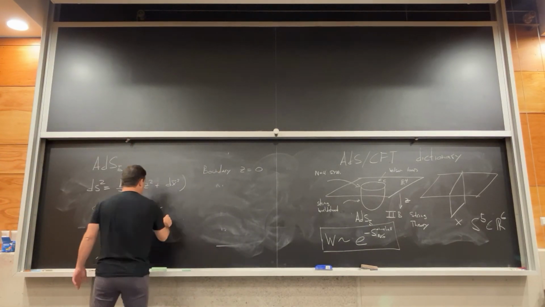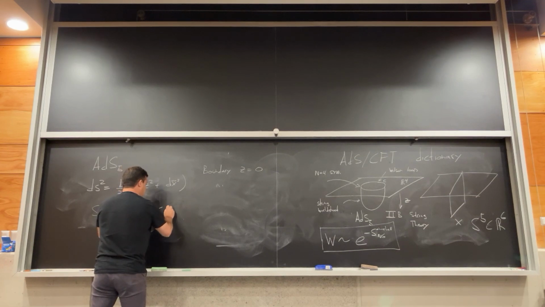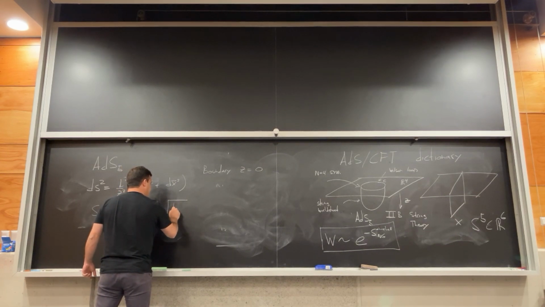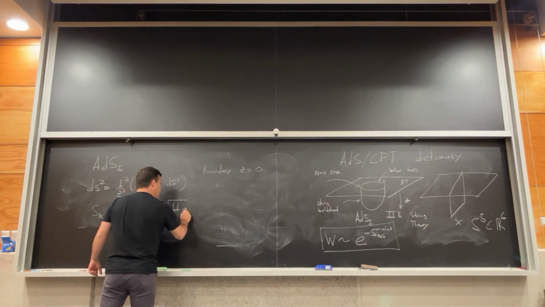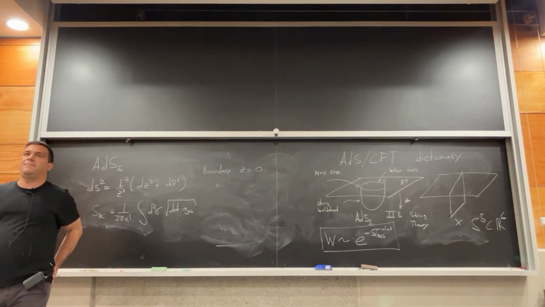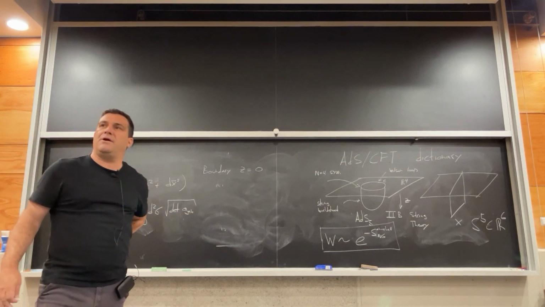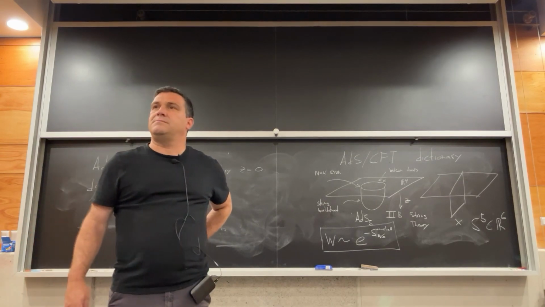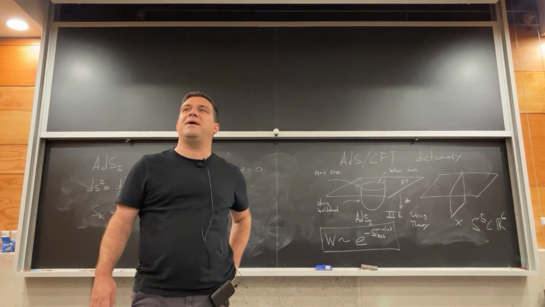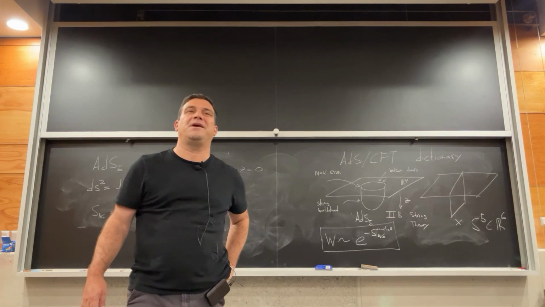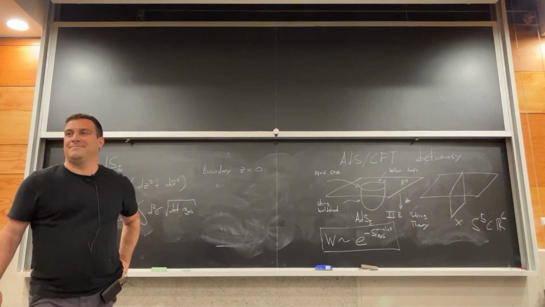Okay? So this will be the square root of the determinant of the induced metric. So this you might not know, but how do you compute the area of the sphere? The 4 pi. Where does the 4 pi come from? You integrate over the angles.